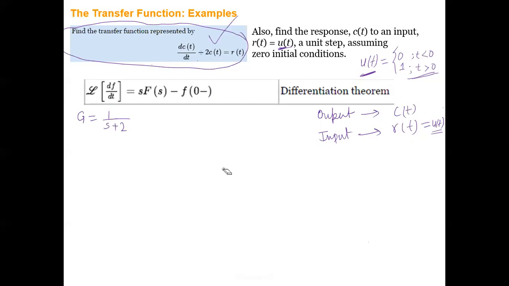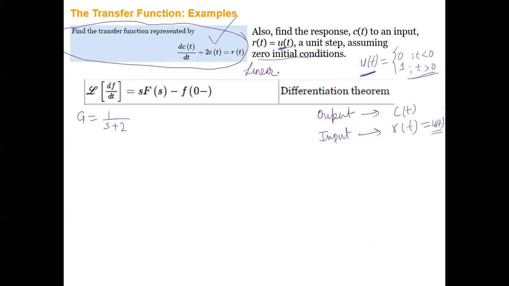Now, find the response function assuming zero initial condition. So we are assuming zero initial condition, meaning our system is linear.